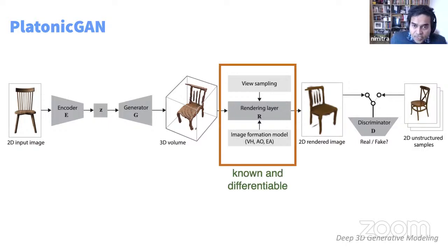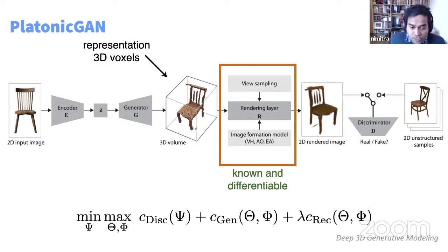The insight here is this module is known, and we make changes to make it differentiable. The generation process directly creates an output of 3D volumes or voxels. It's no longer supervised by the 3D volume, but it's generated as an intermediate step, and it allows us to train in a GAN setup.